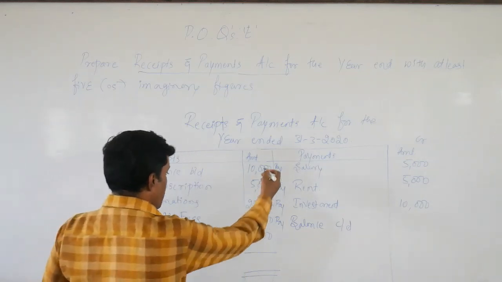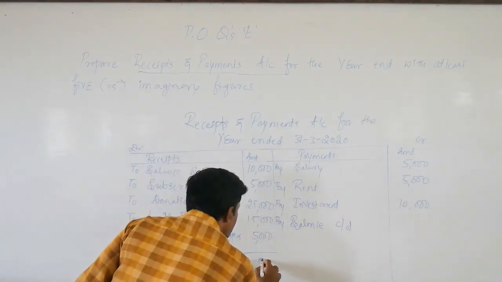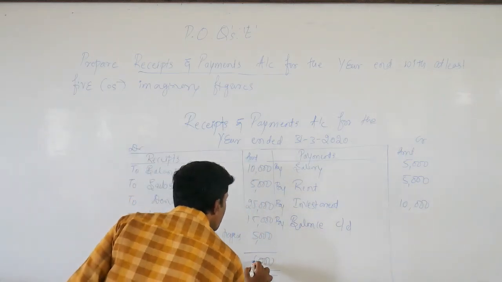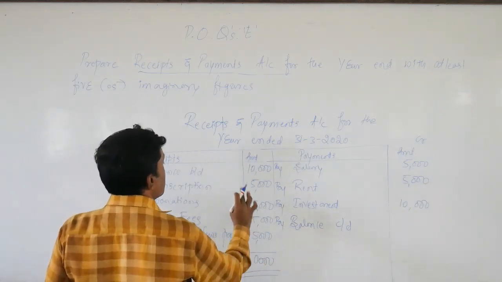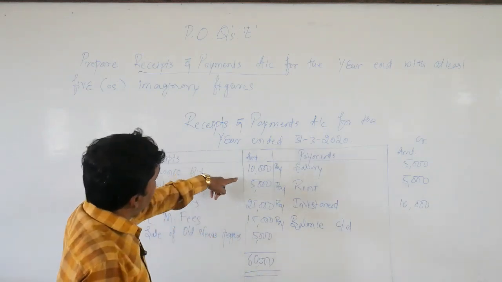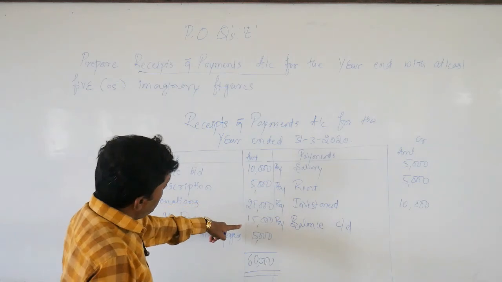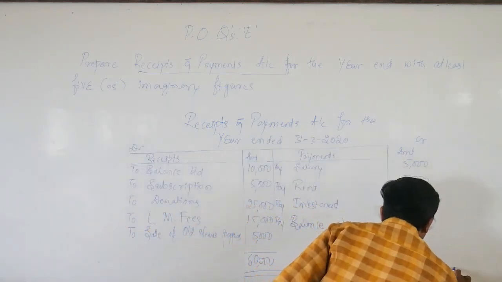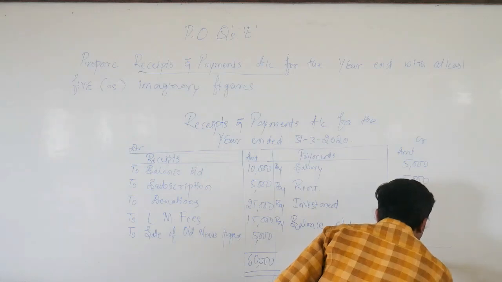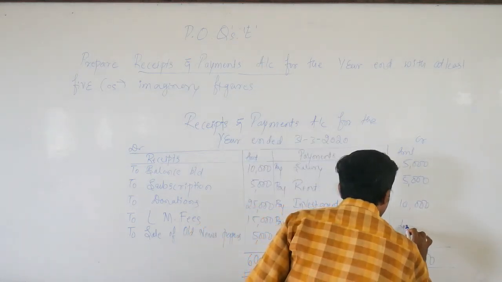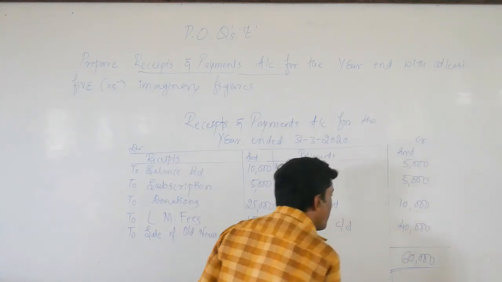Look here, the total of the receipts, 60,000. Check it out: 15,000, 40,000, 20,000, 60,000. From 60,000 we have to deduct this 20,000. You will get the closing cash balance of rupees 40,000.